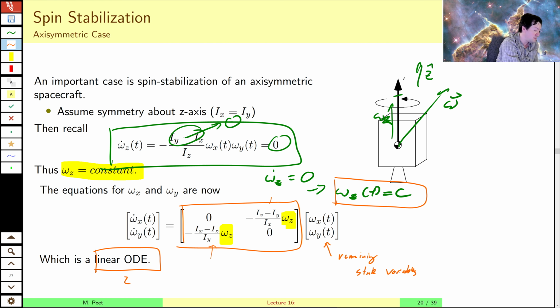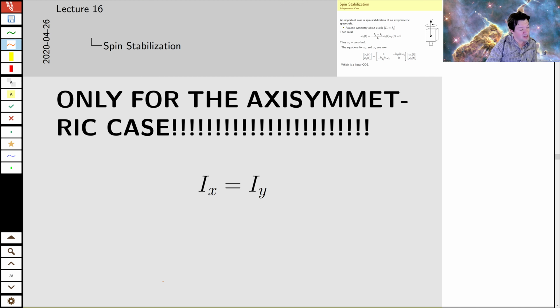Linear ODE, second order, because there are two states and only one derivative in each state. So I emphasize that the rest of this lecture applies only to the case of axisymmetric spacecraft, only Ix equals Iy. In the next lecture, the last lecture, we'll consider the case where they're not equal. But in this lecture, the rest of it, we consider this case.